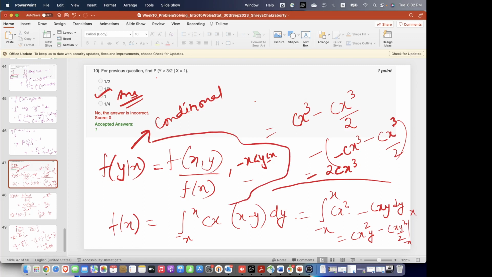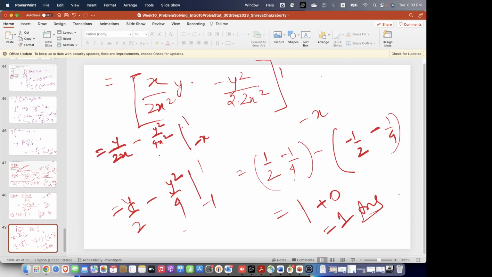This entire thing is the conditional distribution. Now here it is saying y less than 3 by 2, so of course y has to be less because x is 1. Y less than 3 by 2, y cannot take something more than 1, so the range of integration would be from minus 1 to 1, okay. So here also we would put minus 1 to 1.